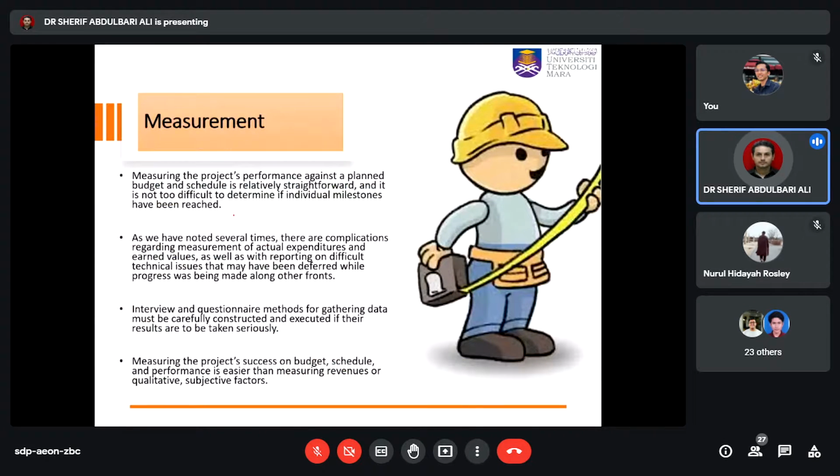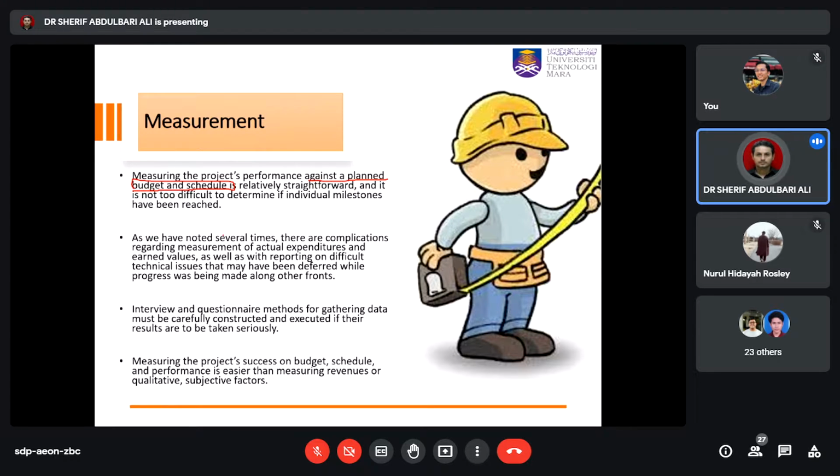How are the measurements done? Of course, when you are going to measure project performance, you need to measure it against what you had planned before. That means evaluate, and you need to test the performance against what you have planned based on the budget and also the schedule, both of these two. It's straightforward and not too difficult to determine.